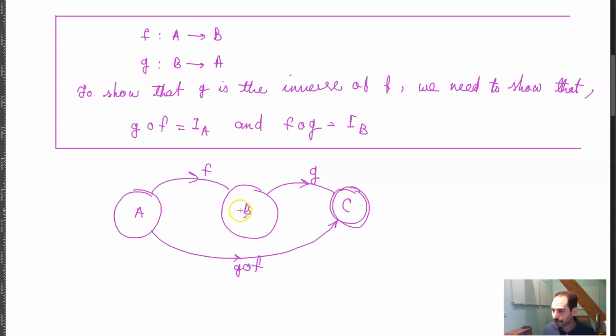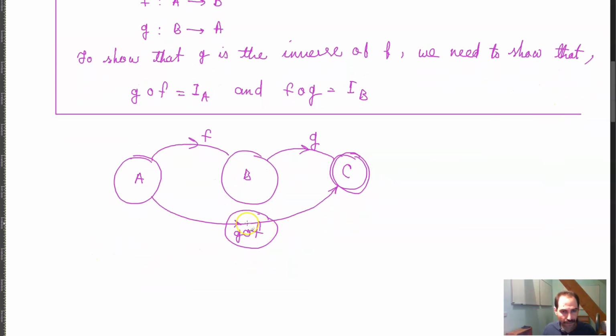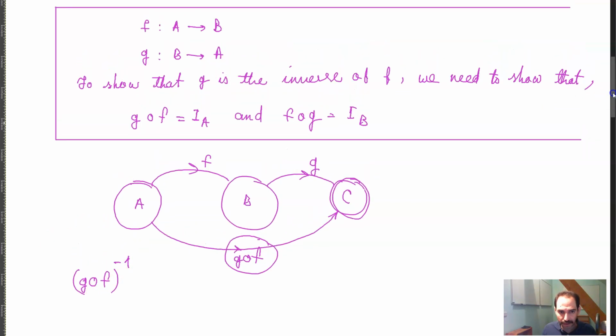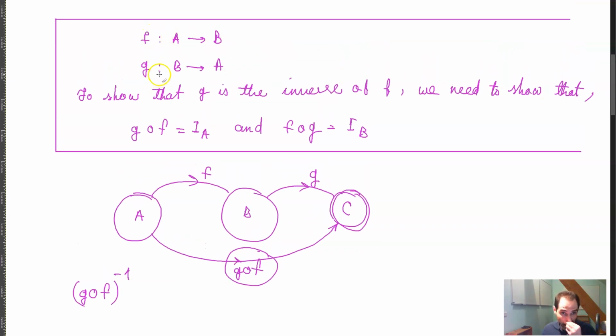What we wanted to do here was to show that GOF is invertible. So we defined some function GOF inverse, and we assumed that it was the inverse of GOF. Now again, based on the logic that we used here, if you want to show that g is the inverse of f, I need to show that GOF is equal to I of A, right?